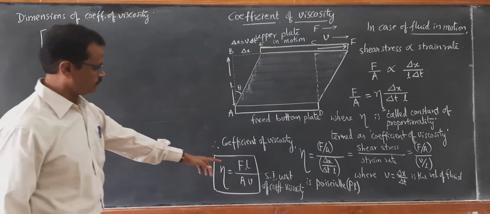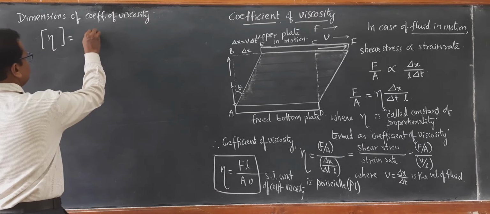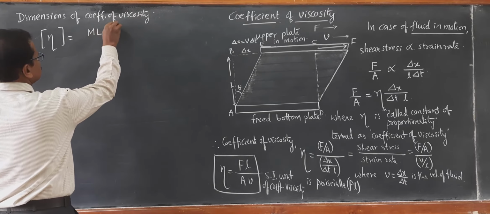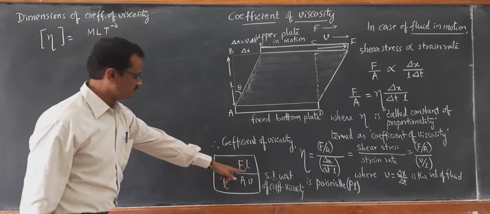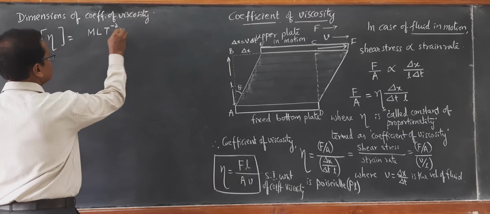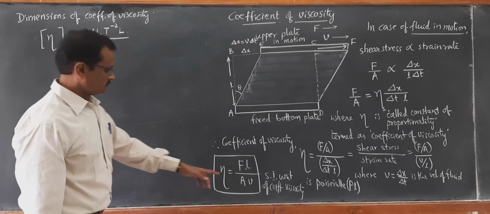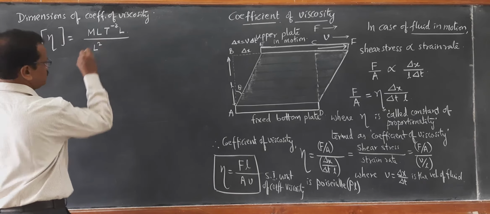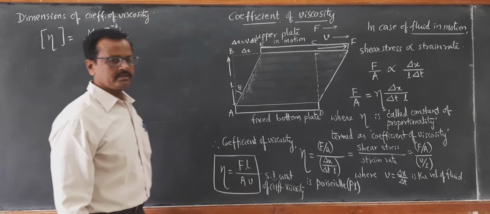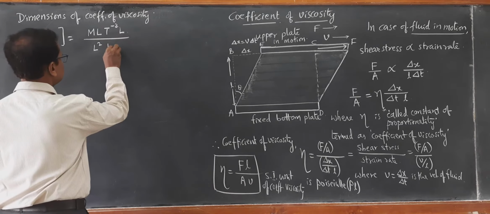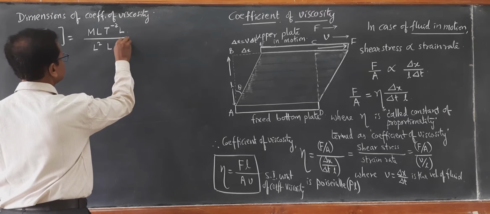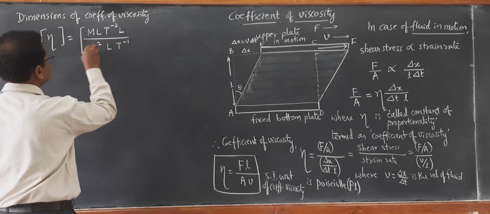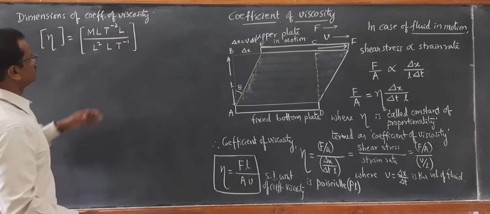You see, the dimension of force we know is M L T raised to minus 2, and the dimension of length is L, divided by the dimension of area, L square, and the dimension of velocity, L T raised to minus 1.